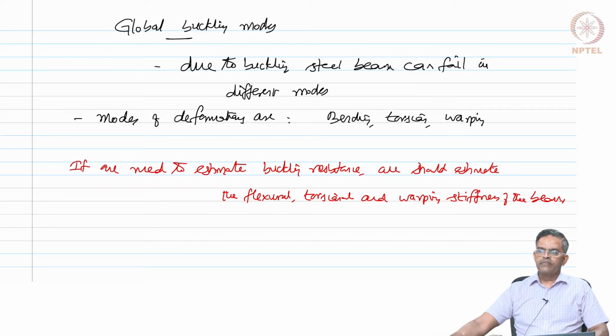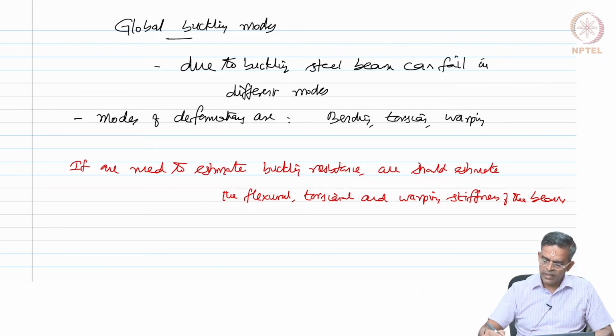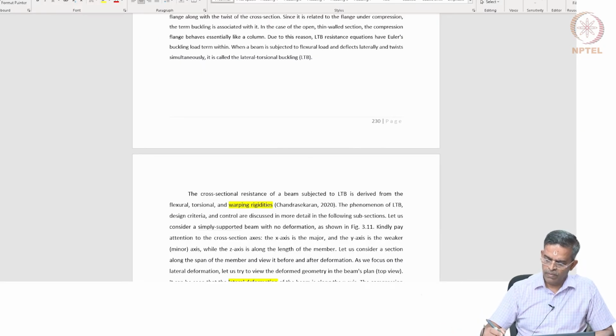Therefore, beam's overall buckling resistance is a combination of flexural, torsional buckling and lateral torsional buckling. Let us see how they look like in different modes.